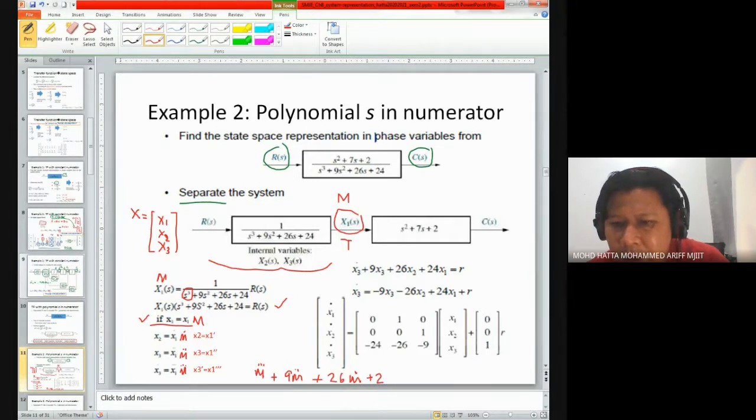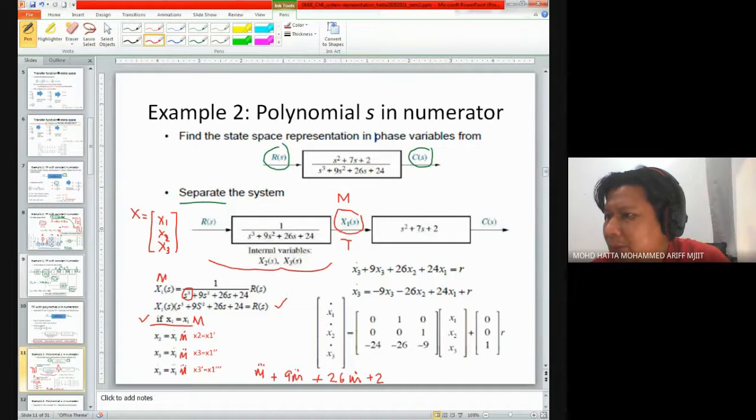Yes, Lynn, you're correct. What I try to do here is avoid the confusion. So I try to replace this capital X1 with a capital M, because if you see over here, later on you will have x1 dot, x1 double dot, x1 triple dot. That's, I think, a bit confusing at this stage. So what I try to do is replace this capital X1 with a different notation.